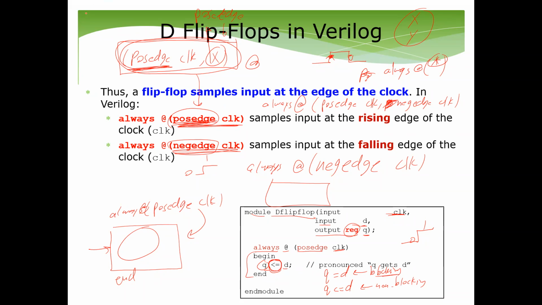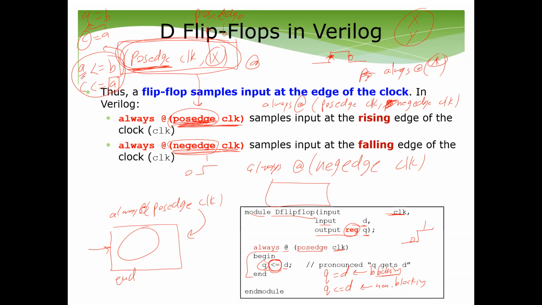So for example, if you have A equal to B and then C equal to A, these are blocking assignments. So C will see the updated value of A. And this was in your homework. But if you use A takes on the value of B and C takes on the value of A, now this value of A will be whatever A was before executing this always block.